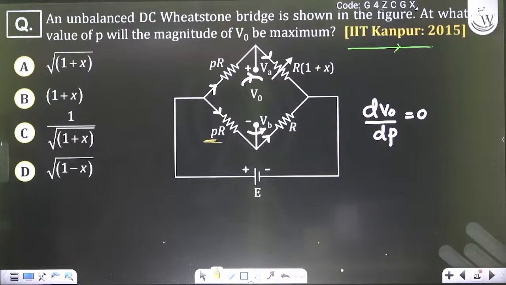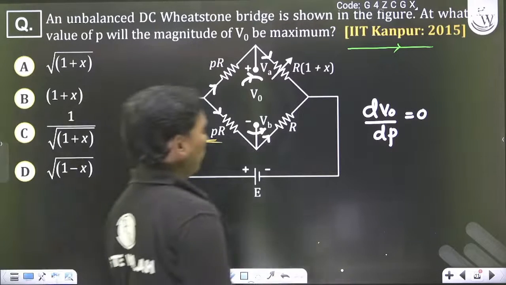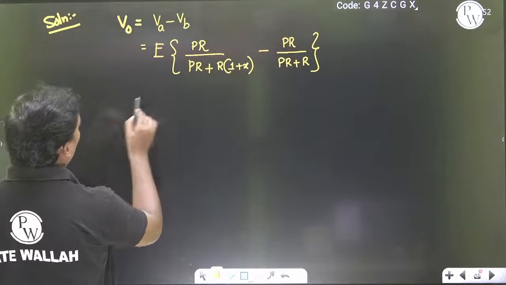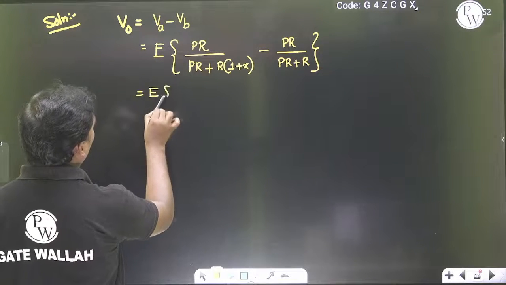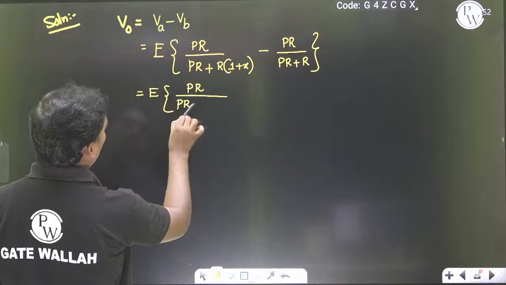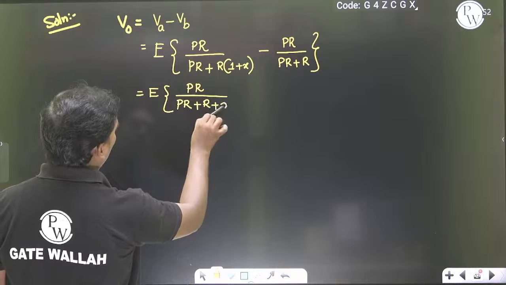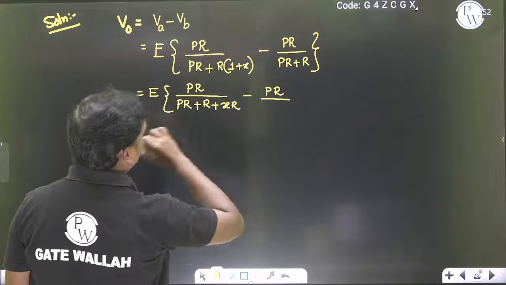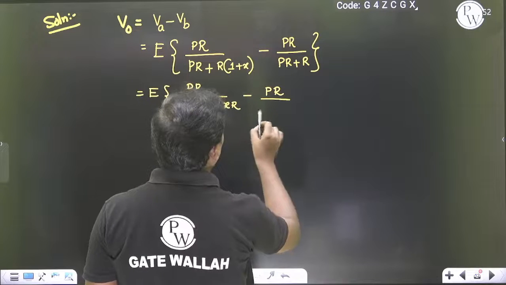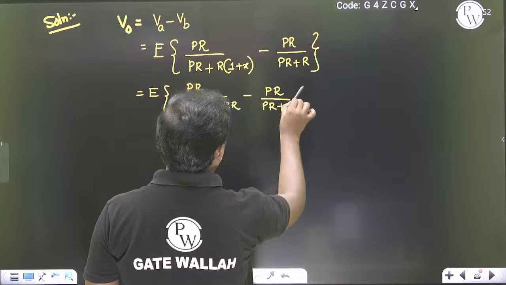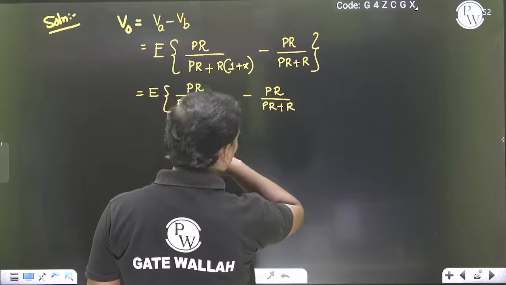Answer A. Sure. Okay, very good. Have you done it? Nice. So if I am taking this as E, this is PR, PR plus R plus XR, minus PR by PR plus R. Any mistake we are doing?